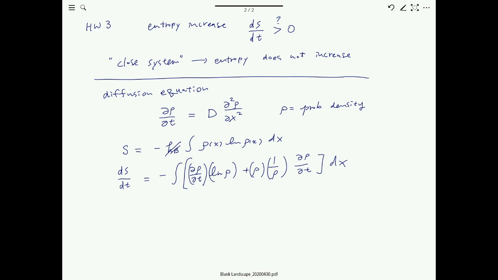Okay, so now there are two terms. For the second term, the rho and 1 over rho cancel. So I can now take this time derivative outside the integral.